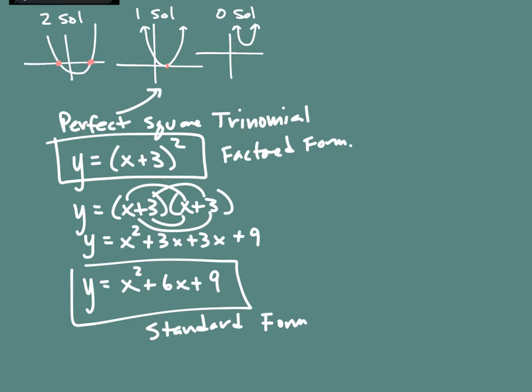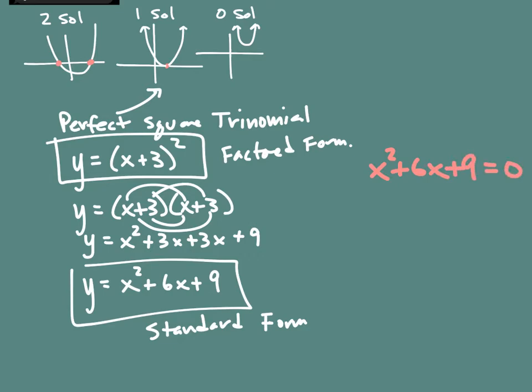You can do this by completing the square, but I would just think of factoring this. If you're looking to solve this by factoring, you're going to take x squared plus 6x plus 9 and set that equal to 0.